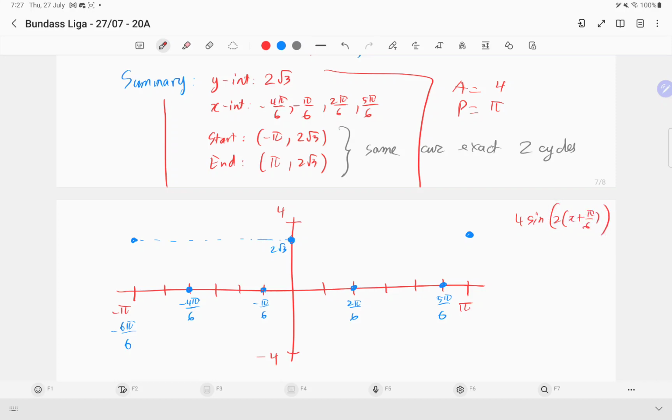Why does it go up? Because it doesn't reach the amplitude yet. It will go up, but that's not the reason. Sometimes it could go down. It depends on the shift. Think about what kind of shift this is. To the left or to the right? To the left. The plus is to the left, right?